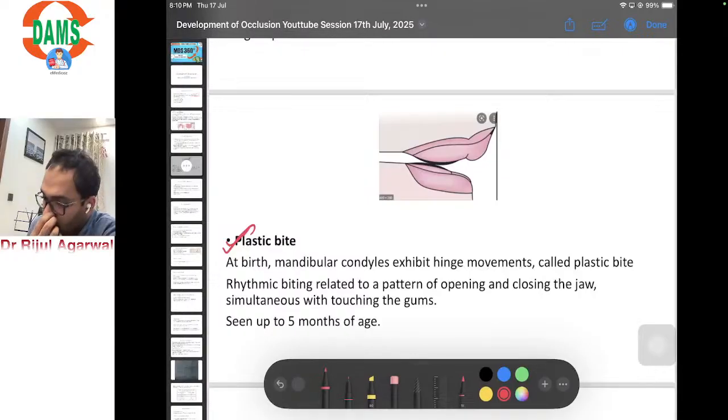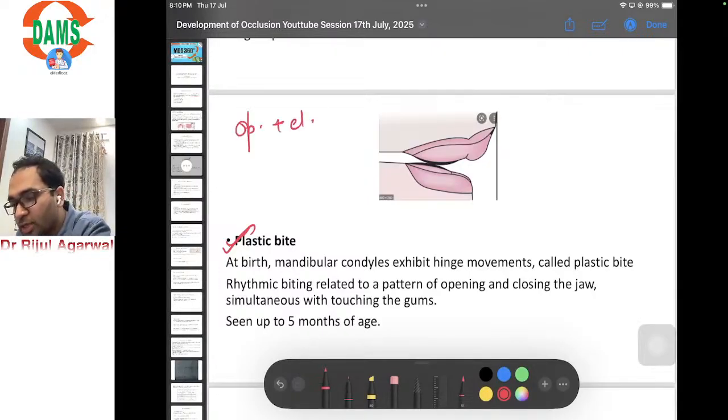So how is it different from the opening and closing action present in the permanent teeth? When the teeth erupt, the hinge or the condyle is dictated by the action of the teeth as well, the cusps and the fossa, the slopes present on the teeth. So there is not a simple opening and closing hinge action of the condyle.